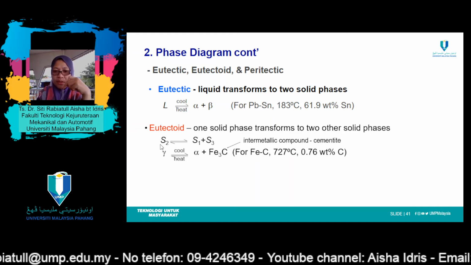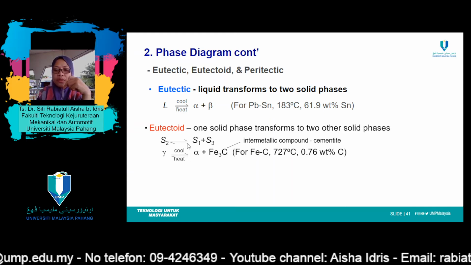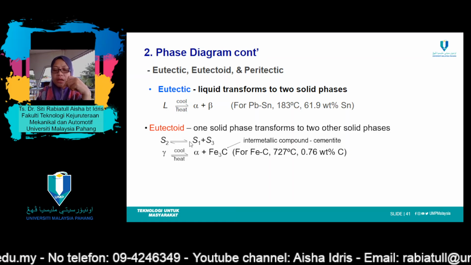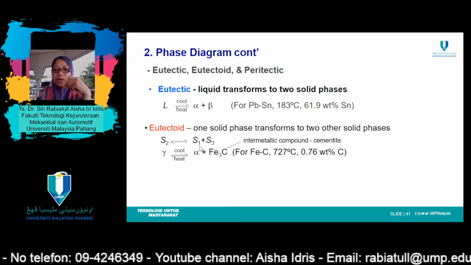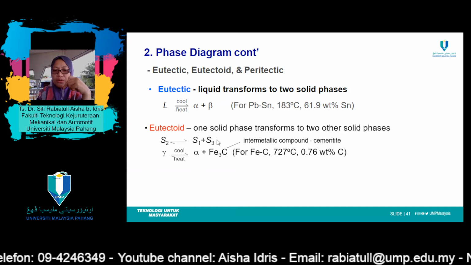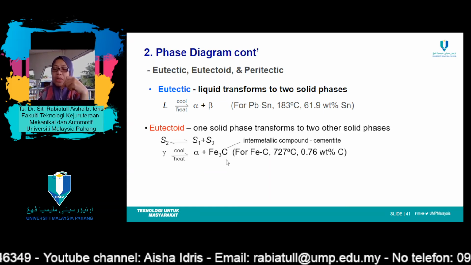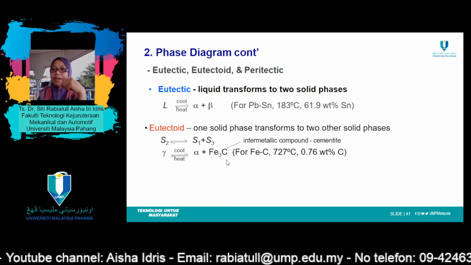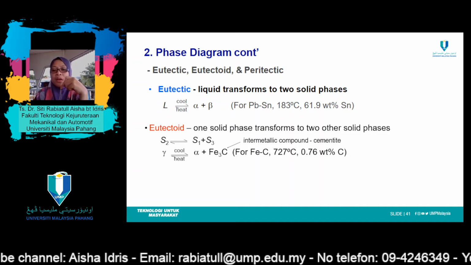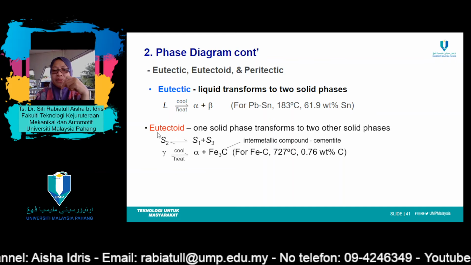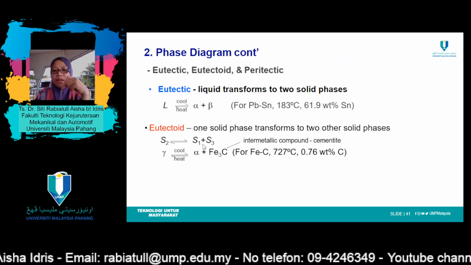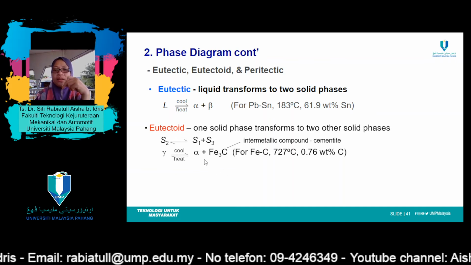This is solid 2, if solidified, forming solid number 1 and solid number 3. So if we are referring to the iron carbon phase diagram, which you have seen in the previous lecture, passing through the eutectoid point, you'll see alpha and cementite.